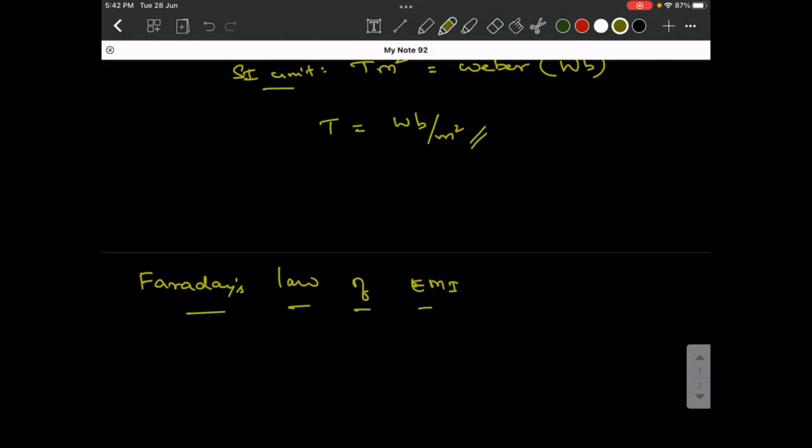So there is a relative motion existing between the magnetic source and the pickup coil, there is a change in magnetic flux, which in turn induces EMF.